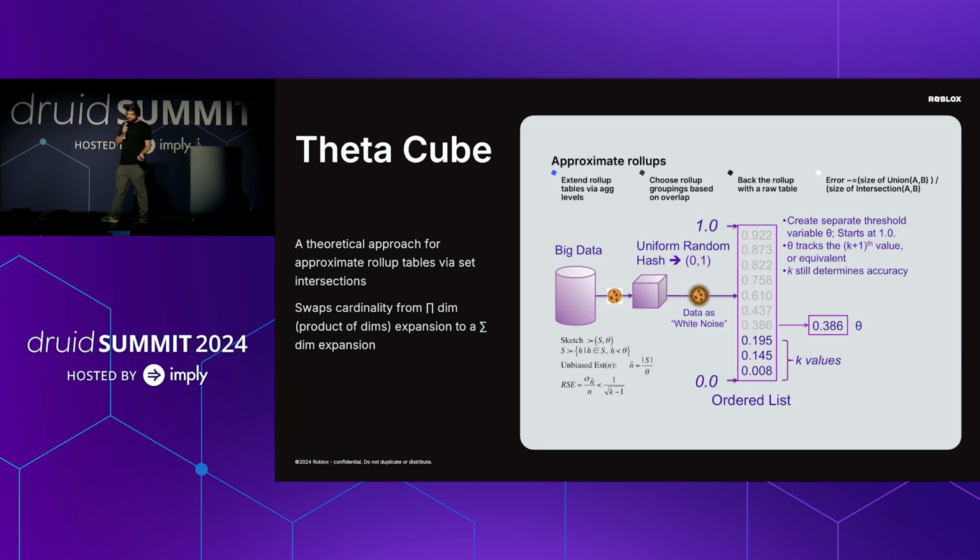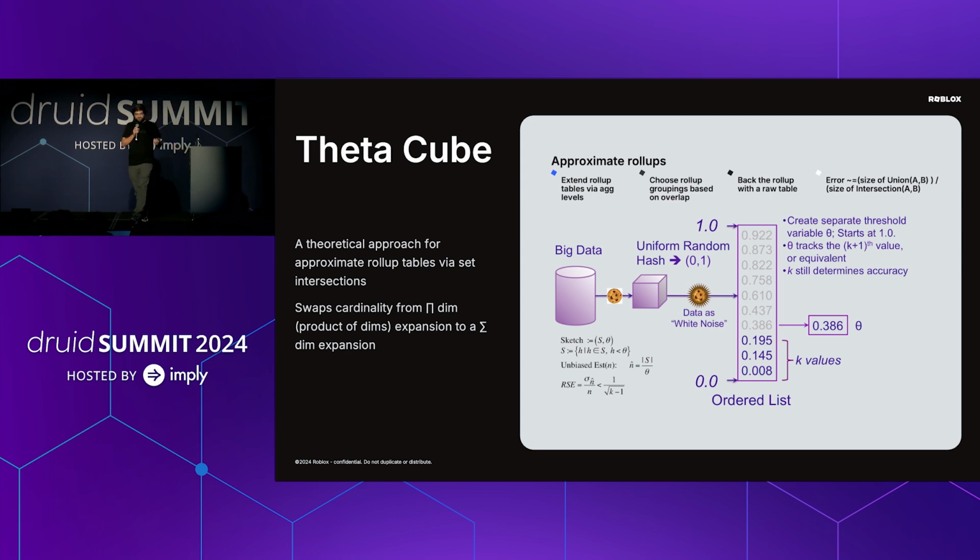Of course, this also means if your two sets don't have high overlap, then your error can really explode. I mean, you can imagine a case where the denominator is 0 and your error is infinite. But that's actually also a good signal, because that means that probably the intersection of these tables doesn't have much data. So you could go out to a raw table and get each individual row.